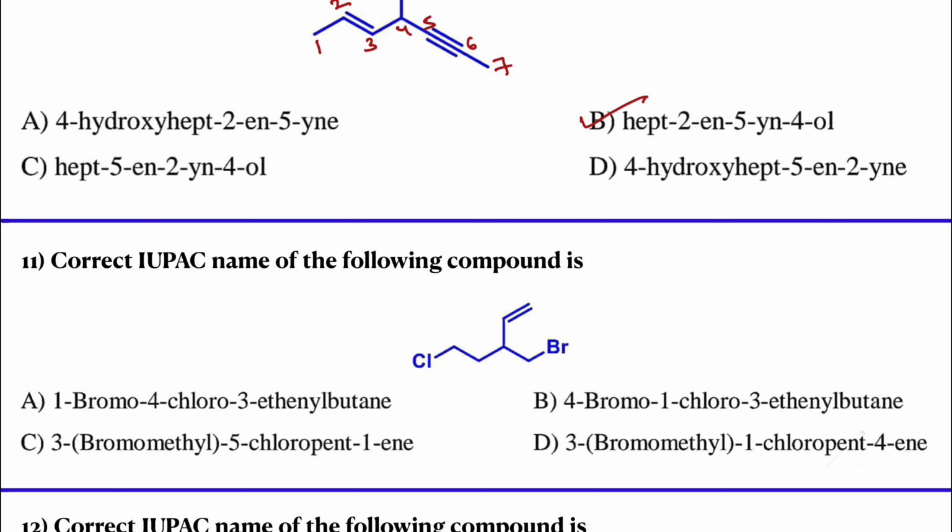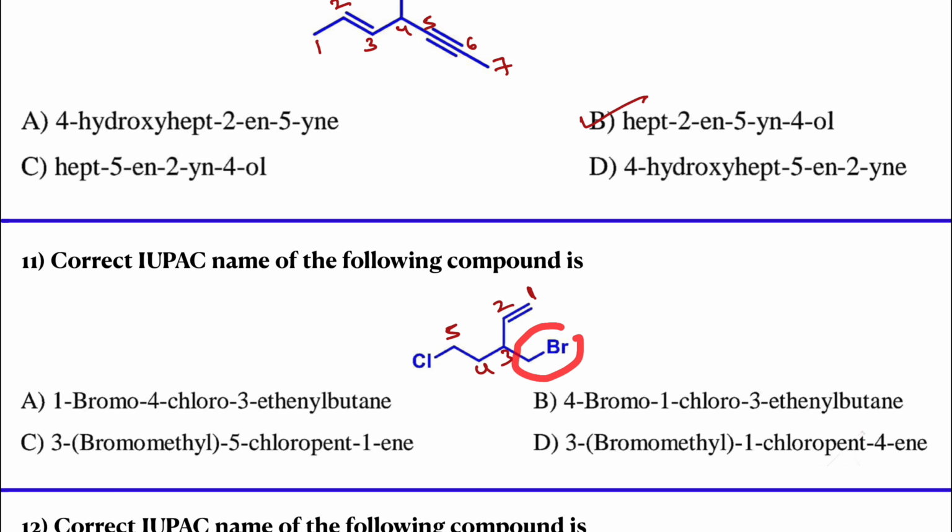And here we have a double bond. So numbering must be from this side 1, 2, 3. If you go right side, you will get only 1 carbon. If you come left side, you will be getting 2 carbons. Longest chain we have to select. This is bromomethyl. This is chloro. So 1, 2, 3, 4, 5. So 5 carbon, that chain is correct.